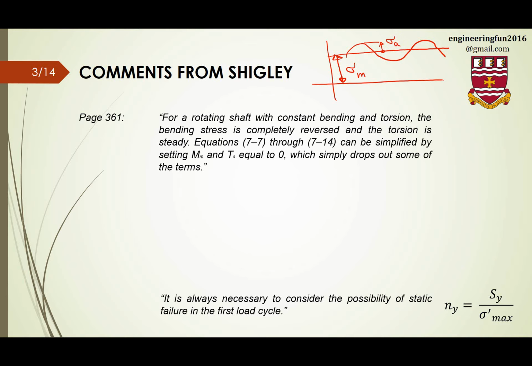Here I'm drawing stress versus time. For this case, if sigma m is 0, that means there is no offset, and this is the case that we call the completely reversed scenario.